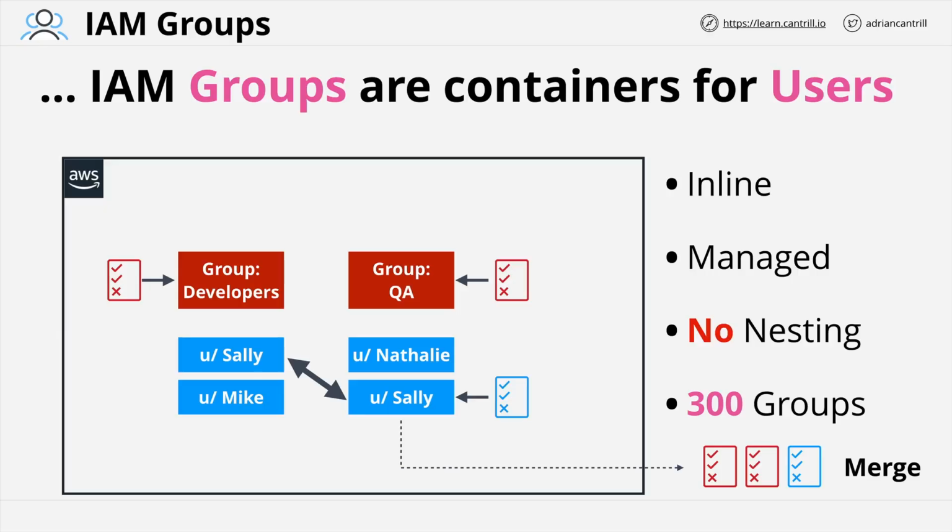Now there's also one more point that I want to make at this early stage in the course. This is something that many other courses tend to introduce later on or at a professional level, but I think it's important that you understand this from the very start. I'll show you later in the course how policies can be attached to resources, for example S3 buckets. These policies, known as resource policies, can reference identities. So for example, a bucket could have a policy associated with that bucket, and that policy could allow Sally access to that bucket.